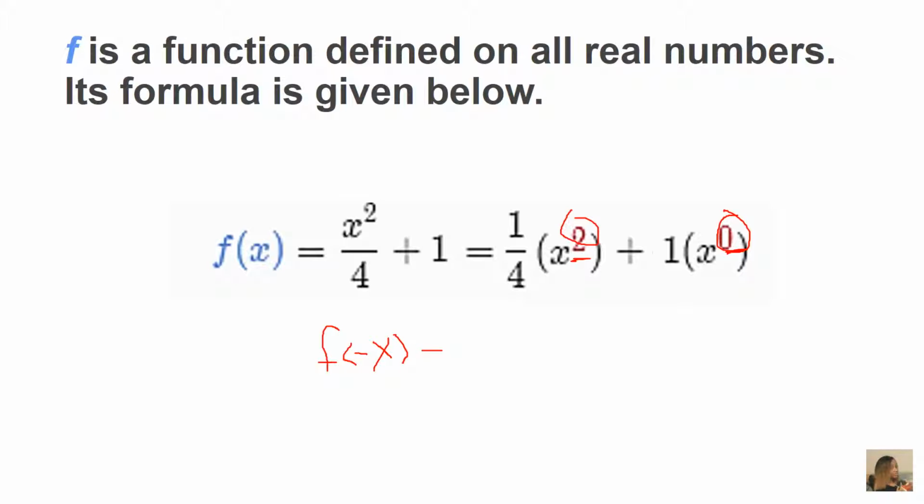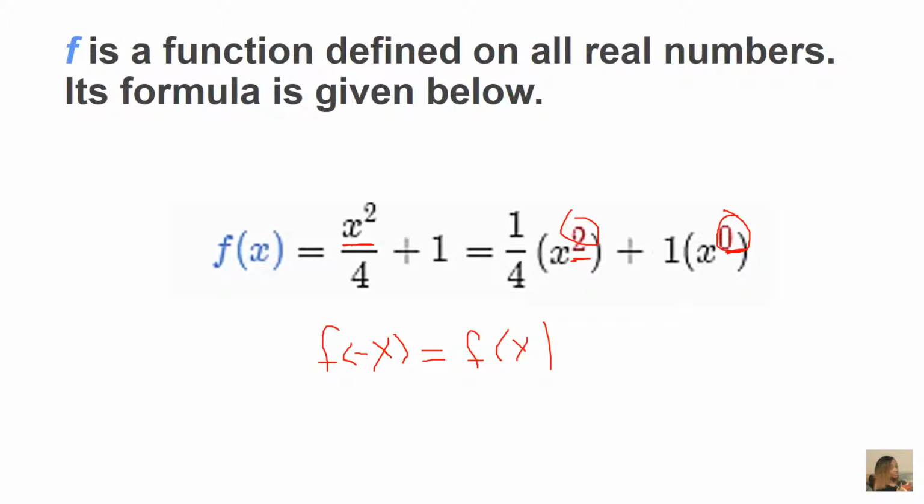is equal to f of x. So let's say you plugged in 4. 4 squared is going to give you, let's say 16 divided by 4 is going to give you 4, plus 1, the answer is 5, okay?